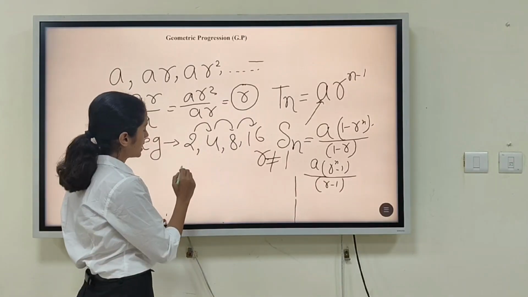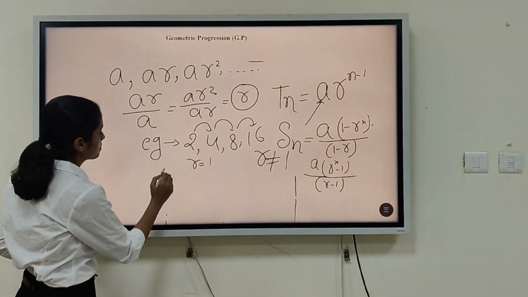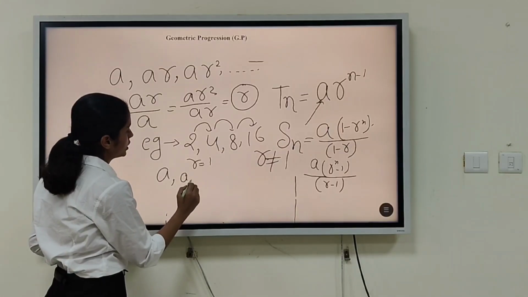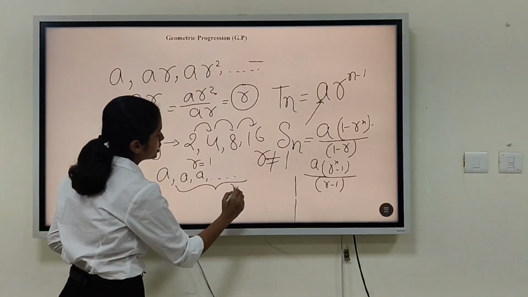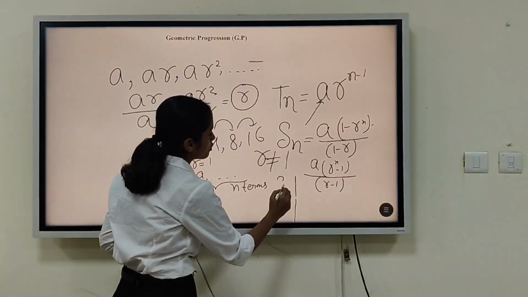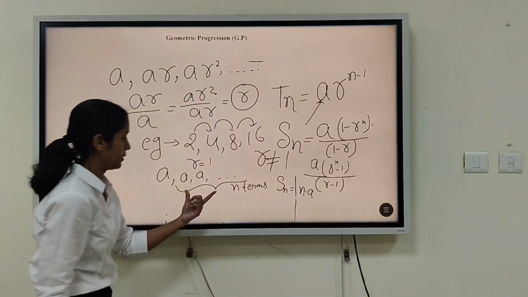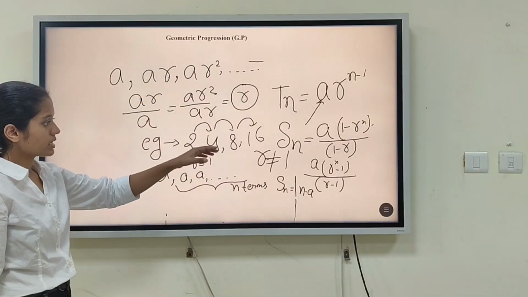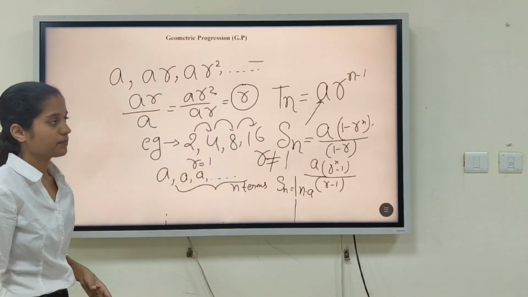It is a special case when R is equal to 1, then our GP will become like this: A, A, A, and if it has n terms, in that case, the summation of its n terms will be equal to n times A. So this is the formula for summation of n terms of a GP.